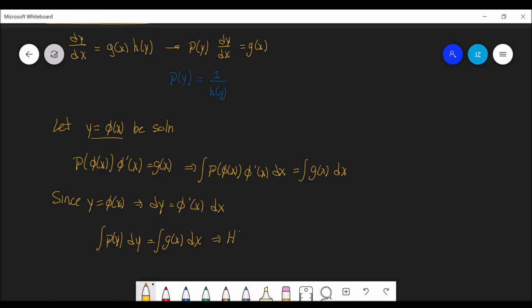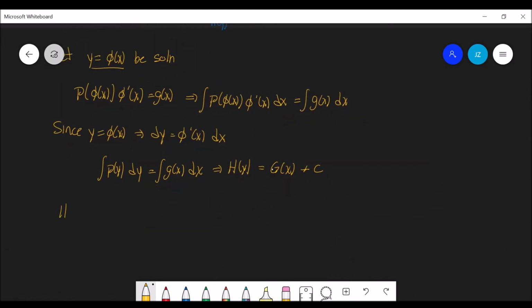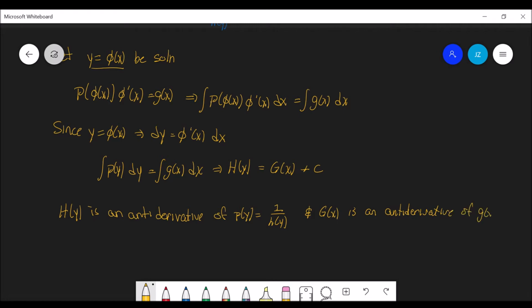And so we can write this as H of y is equal to G of x plus some constant, where H of y is an antiderivative of p of y, which remember we said was 1 over h of y, and G of x is an antiderivative of g of x.